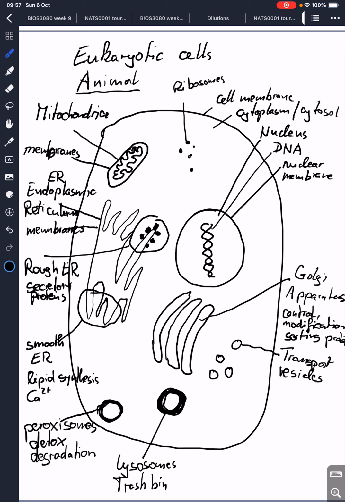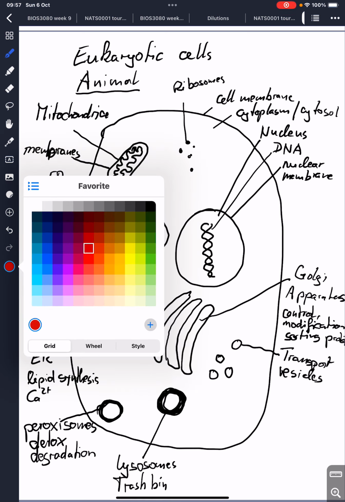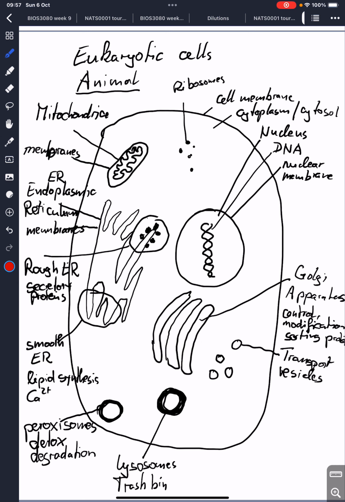We also have elements that give the cell its typical structure. So these are long, usually filaments. They are protein filaments.